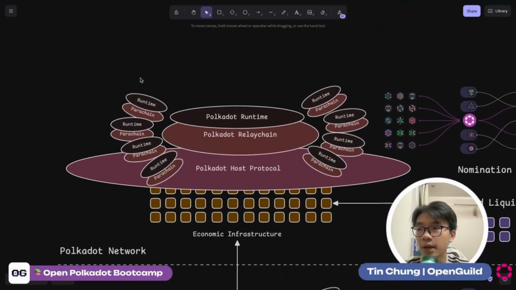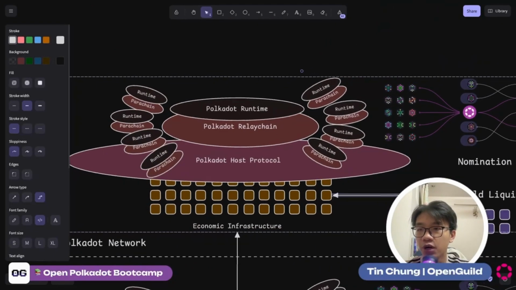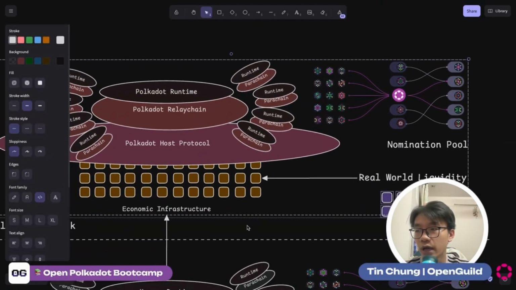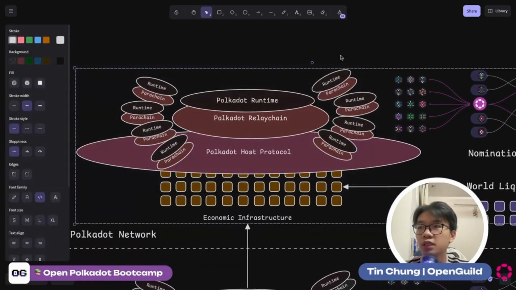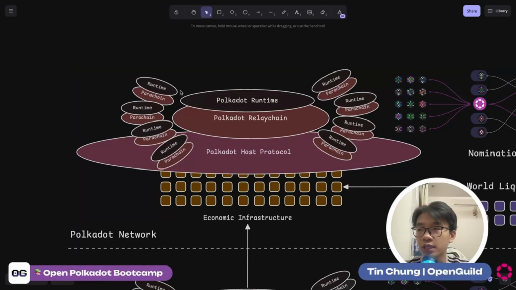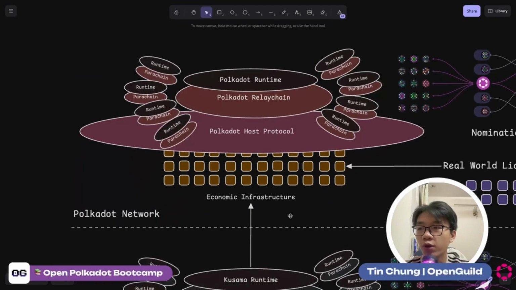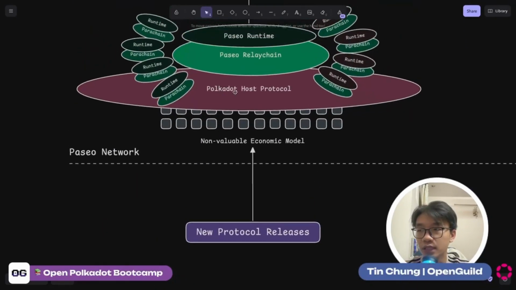The mainnet is the network that we reach out to the end user, and it has real-world liquidity and all the economic infrastructure. So for every action, every time code is deployed on it, you need a lot of consideration, because you don't want to bring bugs to the real money of the users. So before we go to the mainnet, we also want to go to the testnet first.